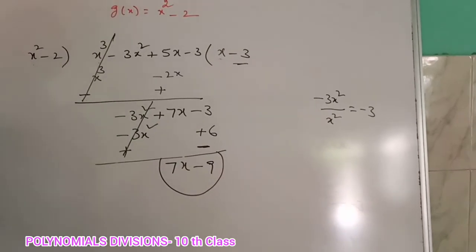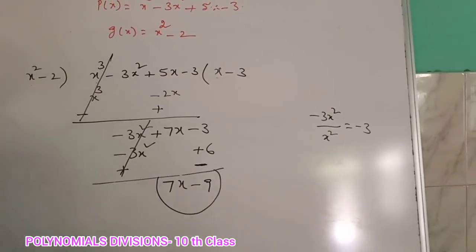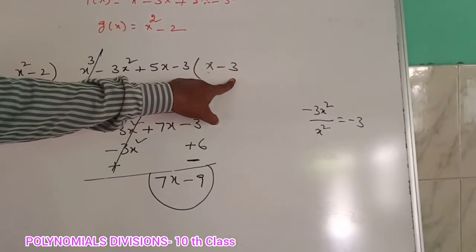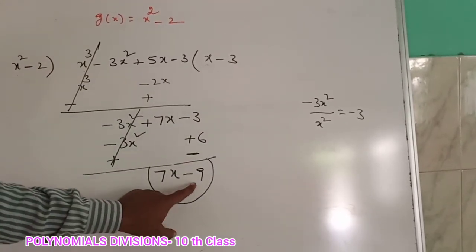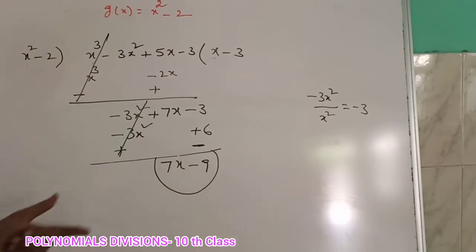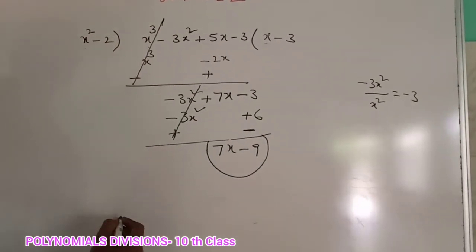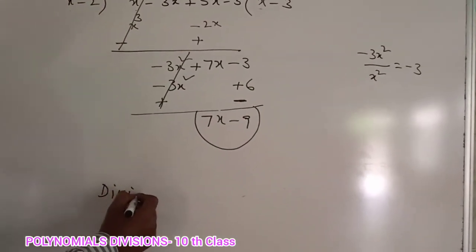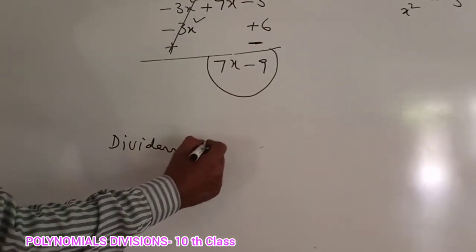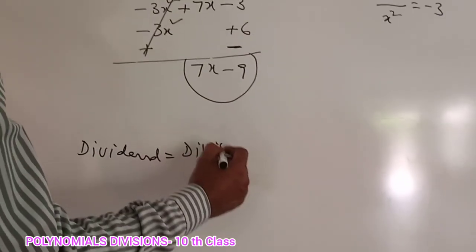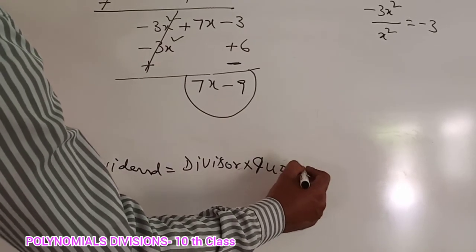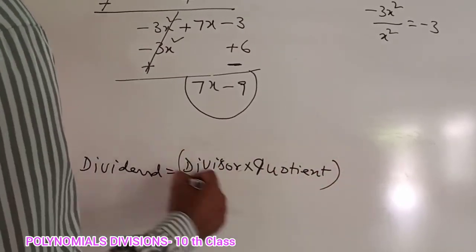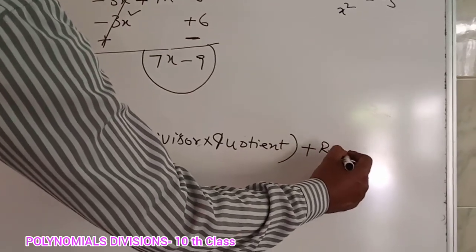This is the remainder. What is the quotient? x minus 3. The remainder is 7x minus 9. Then apply this: dividend is equal to divisor into quotient plus remainder.